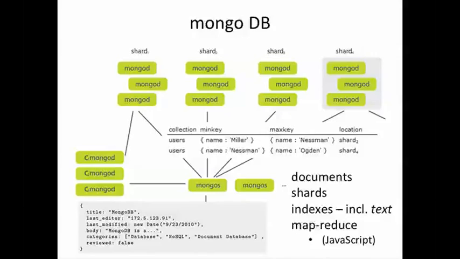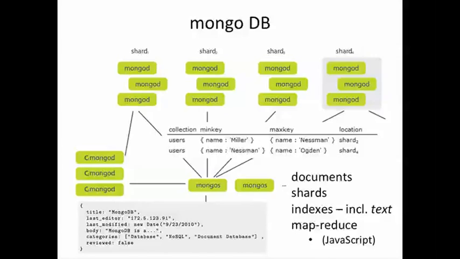Further, the indexes that MongoDB supports include full text indexes so that it essentially has support for inverted indexing, as we saw in the first week of this course. Lastly, it also supports a form of MapReduce within the database itself.